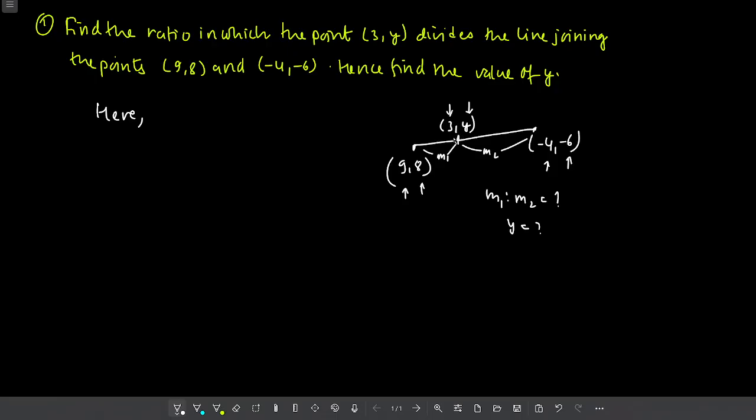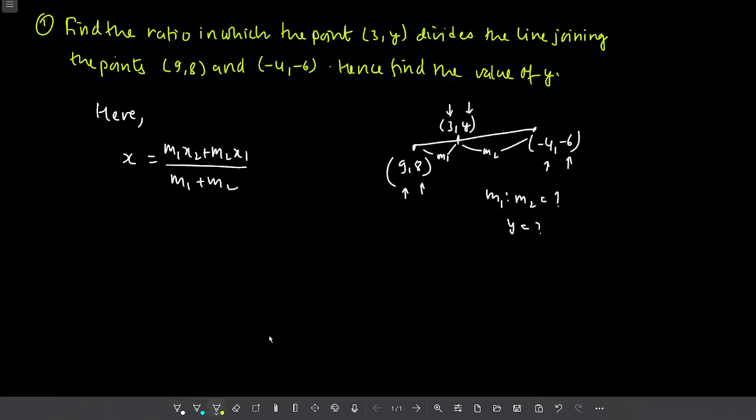If the x component is known, we use the formula for x component: x equals m1 x2 plus m2 x1 over m1 plus m2.